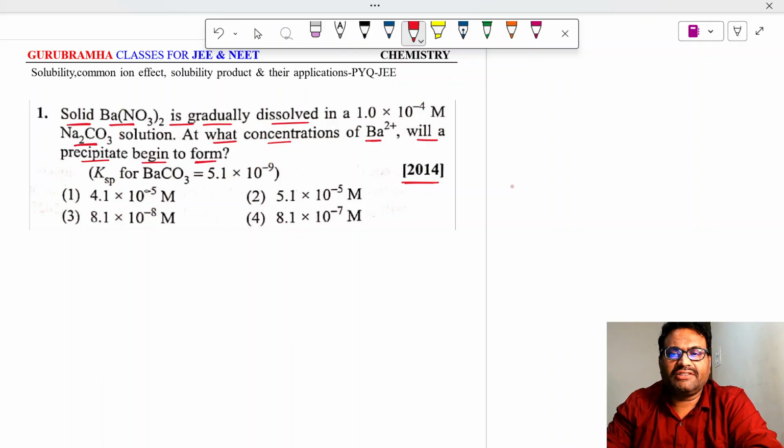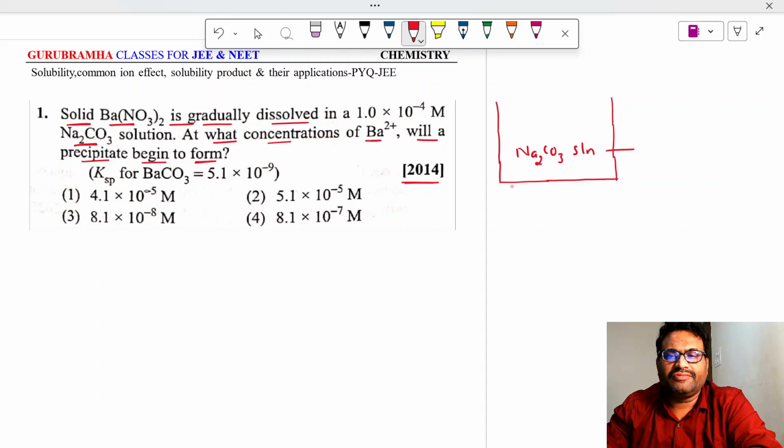What did he ask? See, let us see here. This is a container already containing Na2CO3 solution, whose concentration is 10 power minus 4 molar.